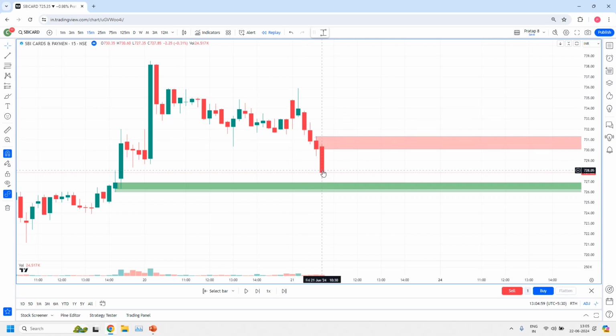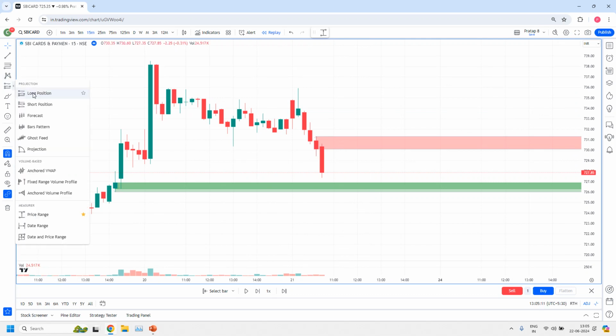Drop base drop. Now is it having good RR to handle this? Let us check.